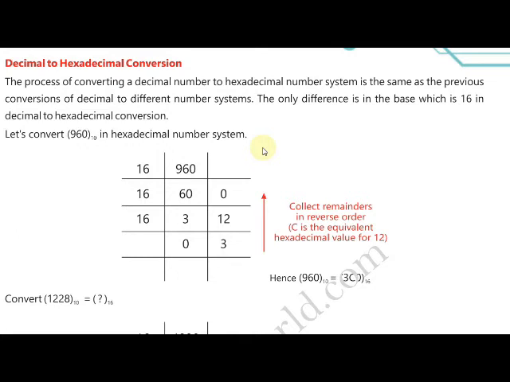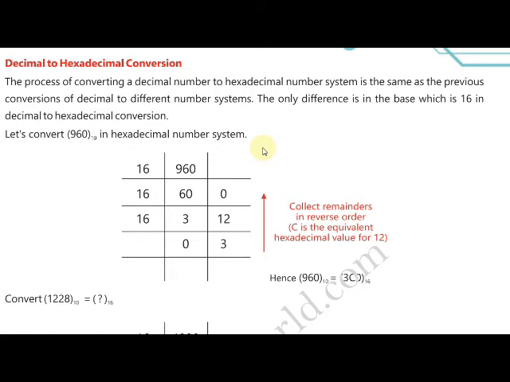For example, when you get 10 as a remainder, instead of 10 you use A. Then for 11 B, for 12 C, for 13 D, 14 E, and for 15, the last digit of hexadecimal, you have to use F. But for the first 10 digits, you do not need to use any alphabet.